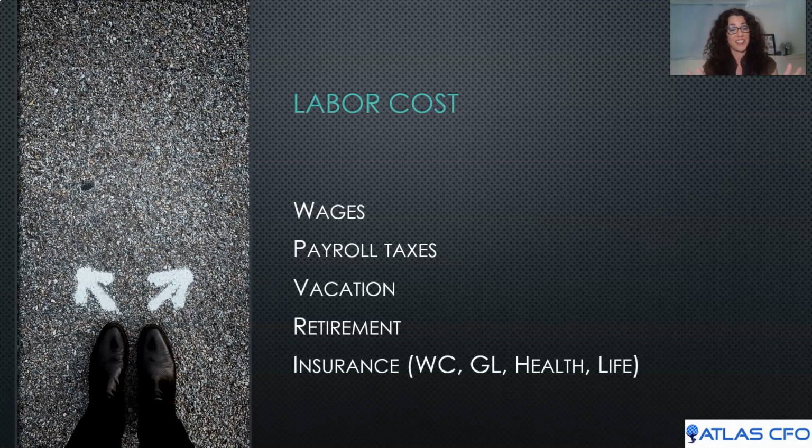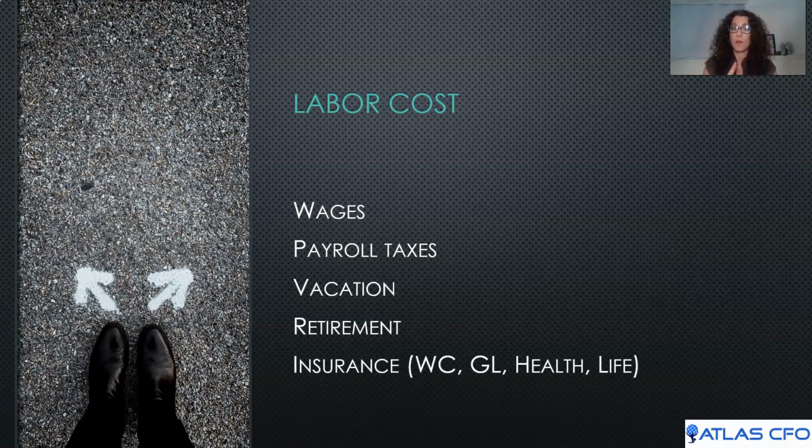Okay, labor cost. Now I'm giving you my favorites. This is not an inclusive list. This is just a suggestion. So a labor cost would need to obviously include wages. That one's pretty easy. That one's in everyone's. Then we can add some low-hanging fruit: payroll taxes, employee benefits like vacation or retirement costs, and then I've added insurance with multiple options because there are multiple options on insurance.